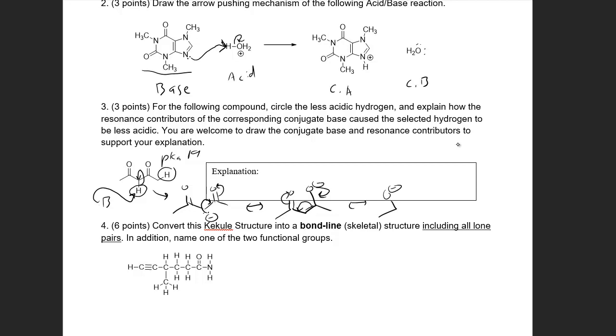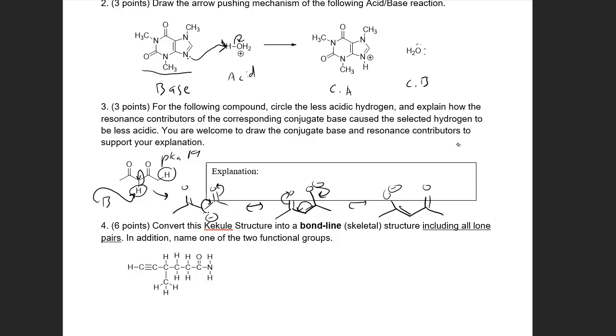That puts a negative charge on this oxygen, a double bond there. That's now a single bond, and this oxygen is double bonded to that carbon. So here we have 3 resonance contributors, 2 of which have a negative charge on the oxygen. So this is very similar to the vitamin C example we went over in class, and I would guess the pKa of this, considering it goes right to that carbon, is probably not quite as low as the vitamin C example that we looked at, but it's guaranteed to be lower than 19.